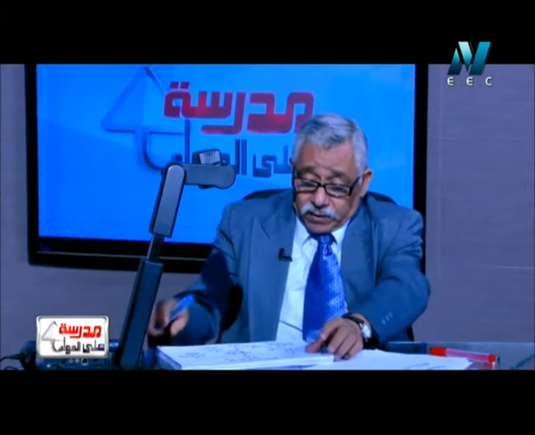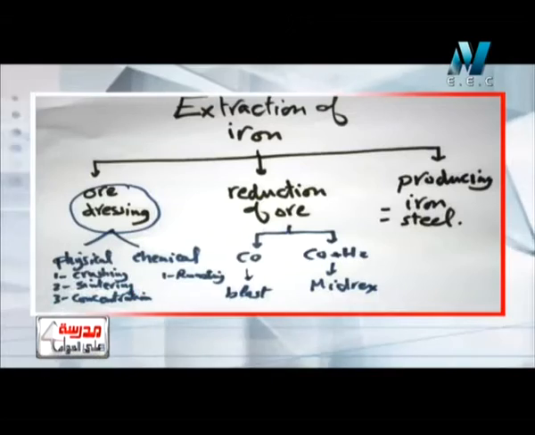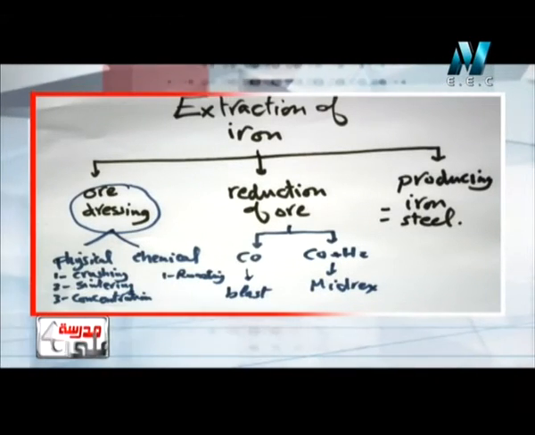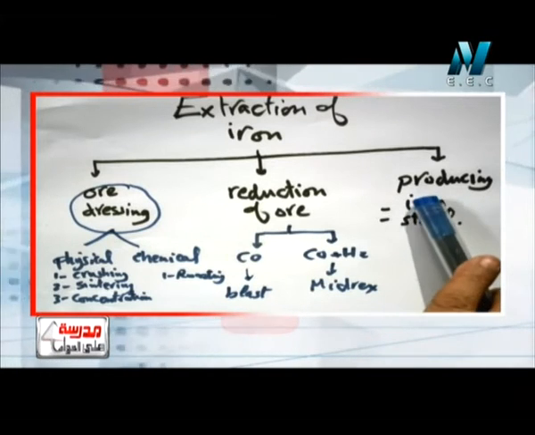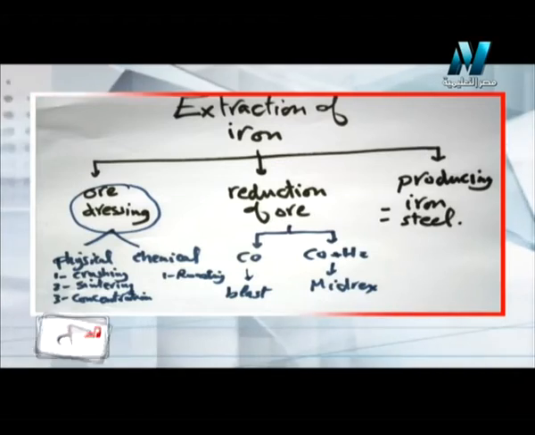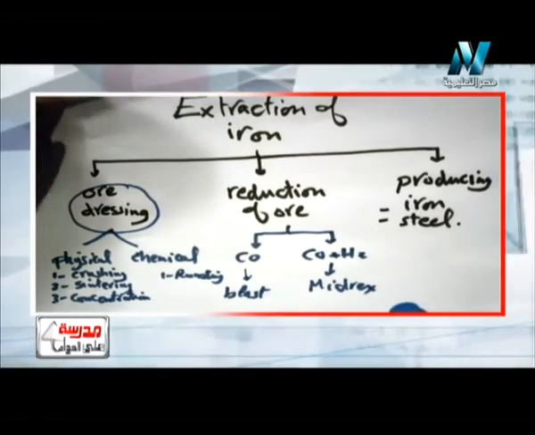And another furnace is used to get steel. So from the blast furnace we get pig iron, and another furnace is used to get cast iron. This is the type of iron, cast iron. Or we use Midrex in order to get a spongy iron.